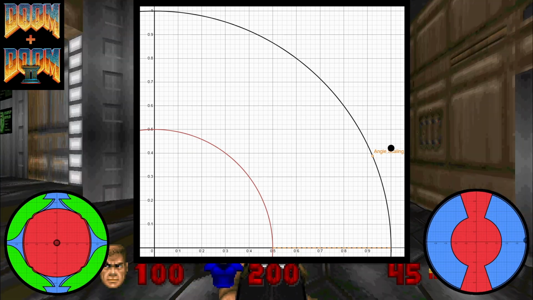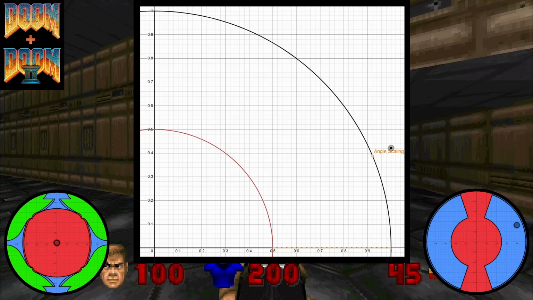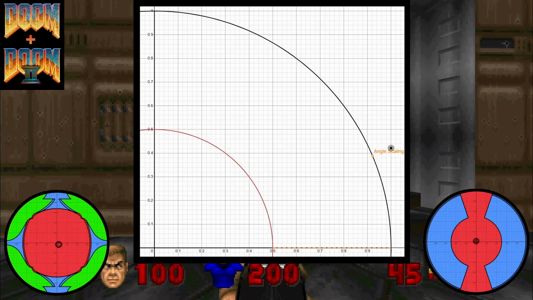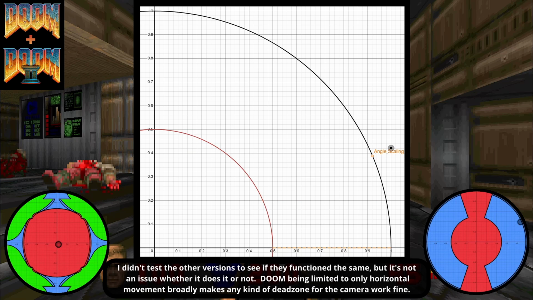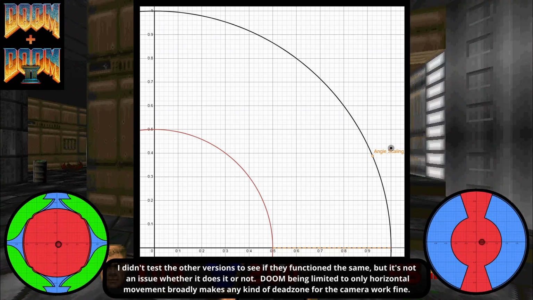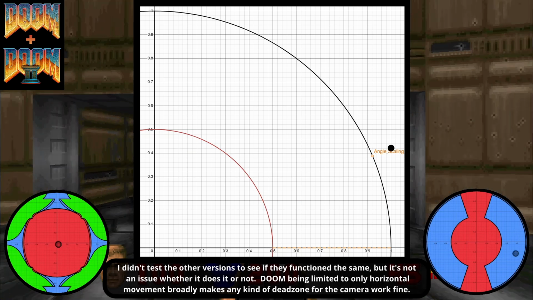So if you move your stick to this position, you get these expected speeds out. And that's perfectly expected because most aiming systems are set up with horizontal and vertical movement. And for a game like Doom, you're just taking that system, cutting off the vertical, and applying that. So nothing wrong with that. I just thought it would be interesting to see what they've done.